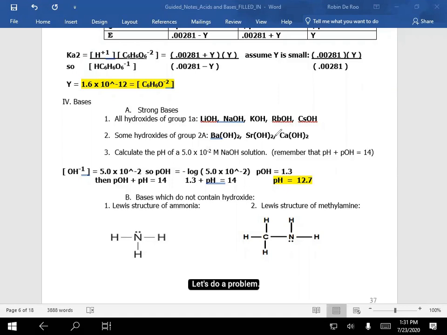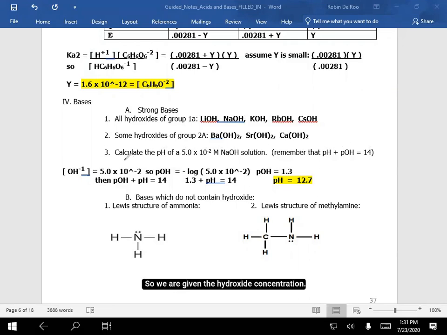Let's do a problem. We're going to calculate the pH of a 5 times 10 to the minus 2 molar sodium hydroxide solution. Now you need to remember that pH plus pOH equals 14.